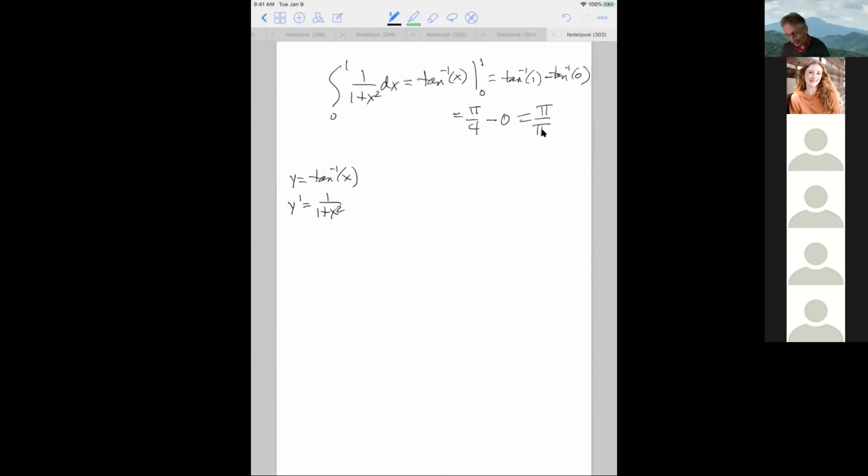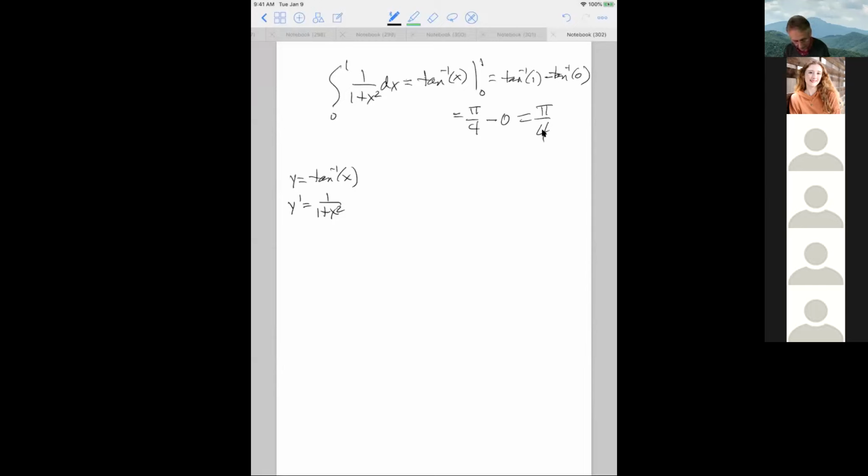Now do this on your calculator. I didn't look at this one on my calculator. So pi over 4 should turn out. What is that? Pi over 4. Okay, so I'm going to do Math 9 and verify what happens on this.